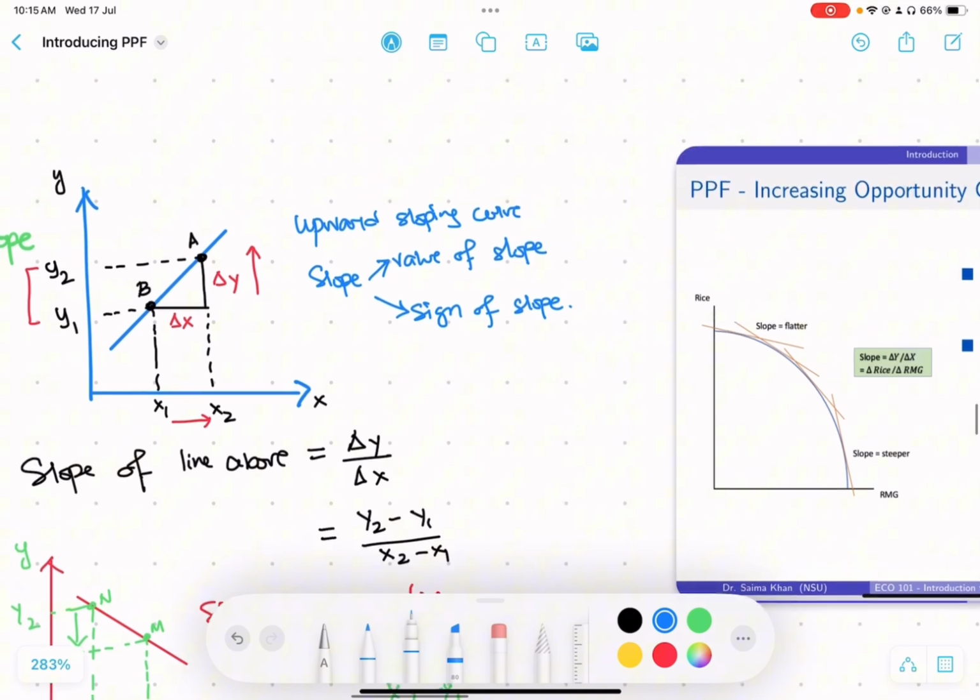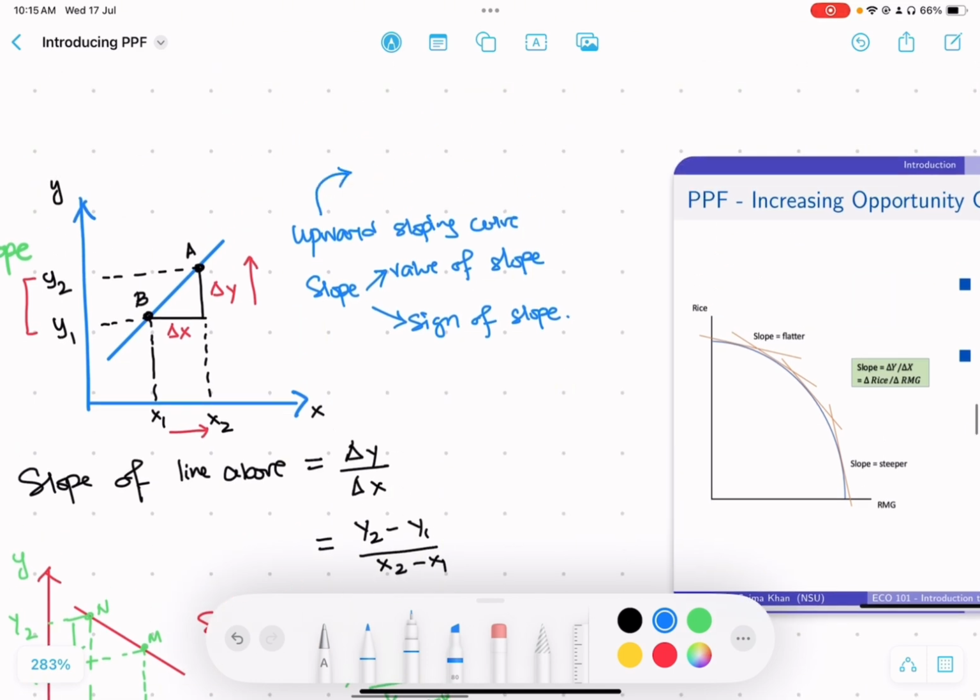Since this is upward sloping, the sign of the slope is going to be positive. Upward sloping means a positive relationship between x and y. Don't think of it as they like each other. Essentially it means if x increases, then y also increases. The fact that they are both moving in the same direction is what is denoted by the positive sign.